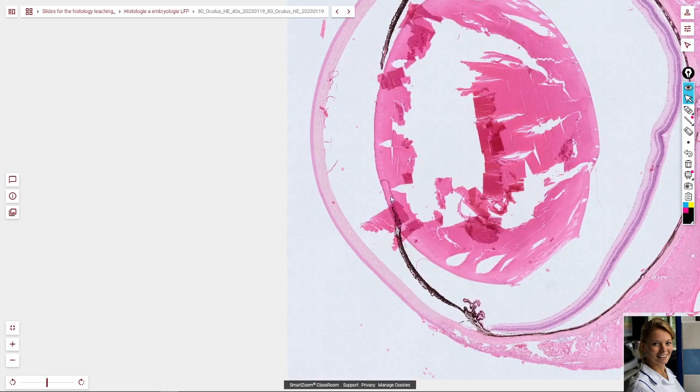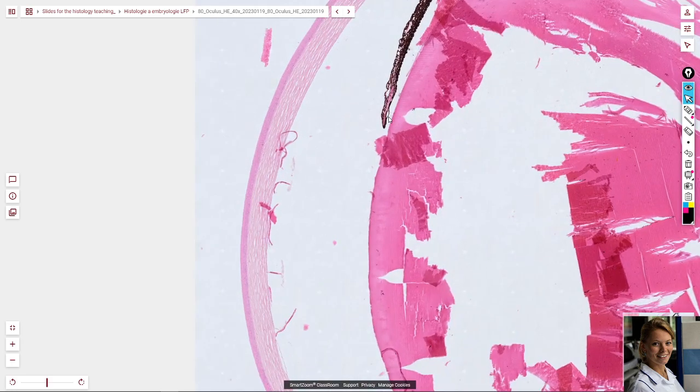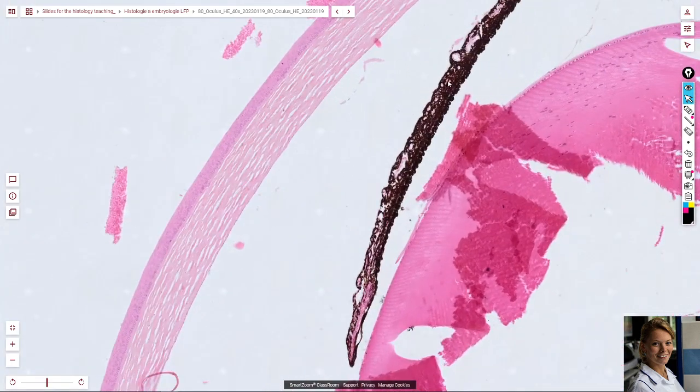So iris contains melanocytes. The amount of melanin in the iris stroma determines the color of eyes. The anterior surface lacks an epithelium. So here the epithelium is not present.